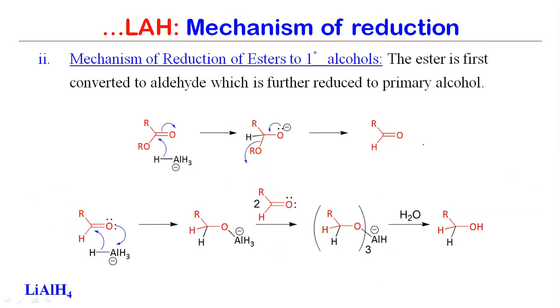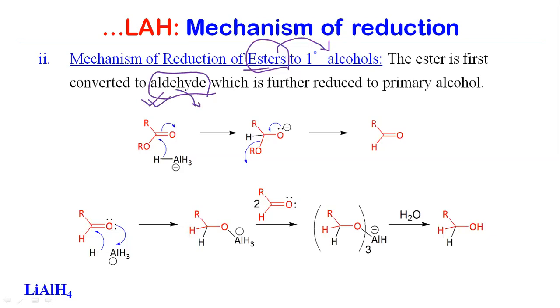All right. So if you talk about the reduction of ester, then of course this ester also gives primary alcohol. And that is somewhat interesting because whenever we discuss the reduction of ester, the first thing which is formed in the reaction is the intermediate, which is aldehyde. And that is interesting because once aldehyde is formed, we know that after reduction of aldehyde, we get primary alcohol.